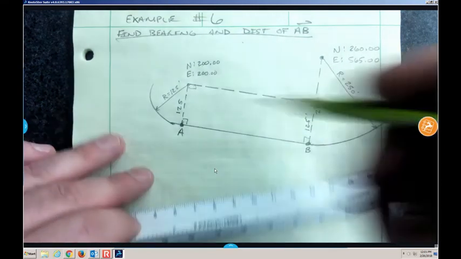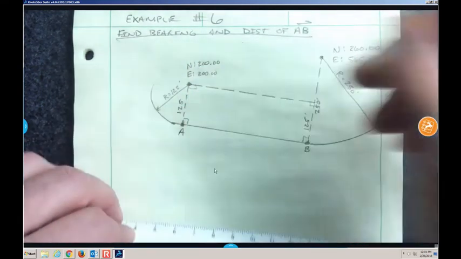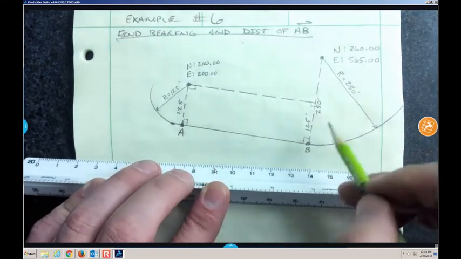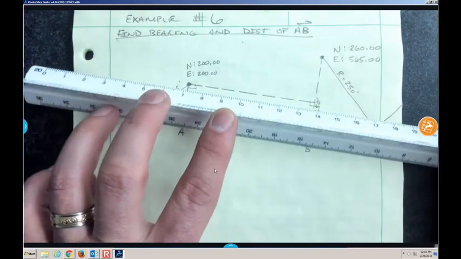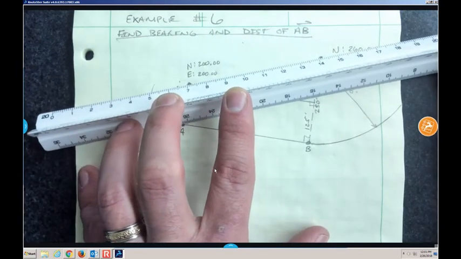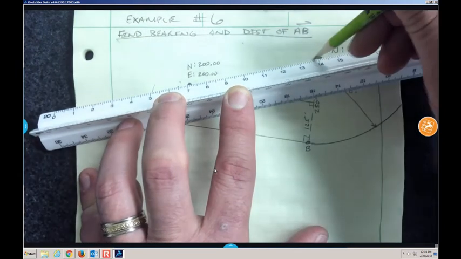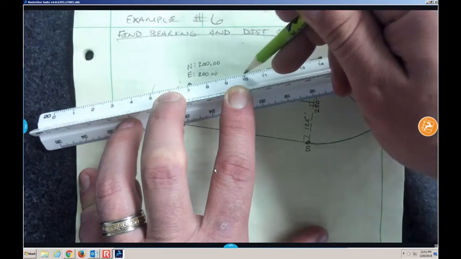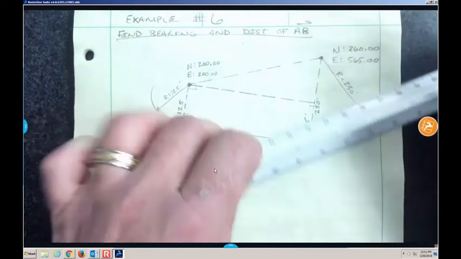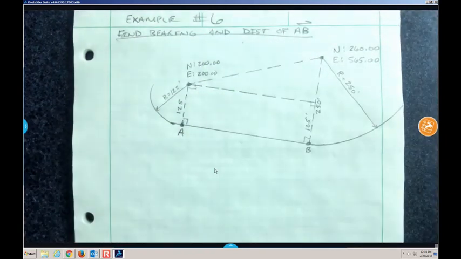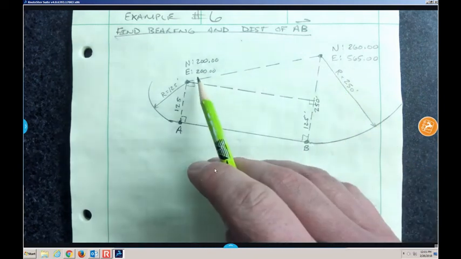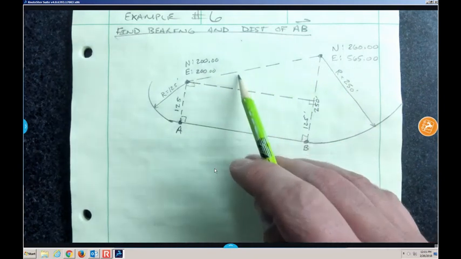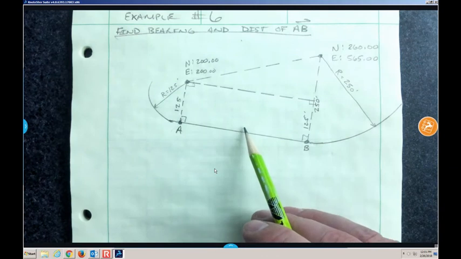So now I sort of figured out these. I don't know my distance along here yet, so that's going to be sort of difficult to do. But if I draw my triangle here and connect the radius points, I should technically be able to figure out this bearing and distance here, which will help me figure out the bearing and distance down here.